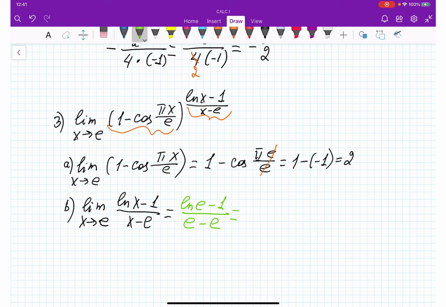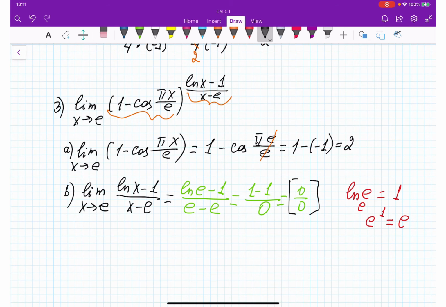So natural log of e is equal 1, right? Because the base is e, so you have to take e to power 1 to get e. Therefore, we are getting 1 minus 1 over e minus e is 0, 0 over 0. This is where we have 0 over 0.